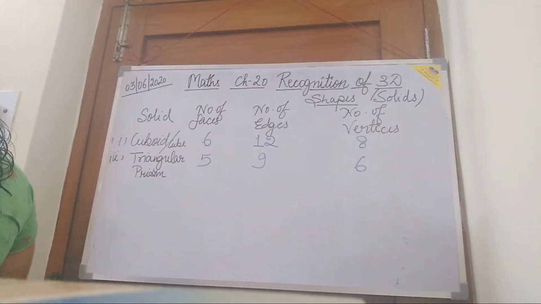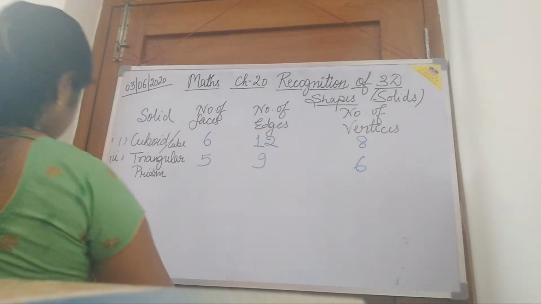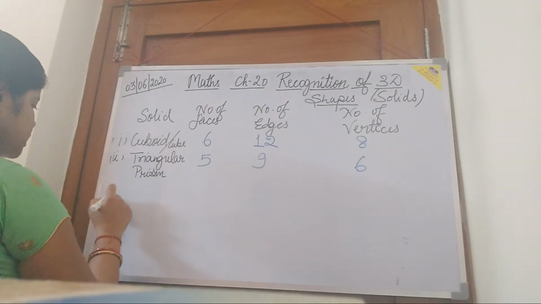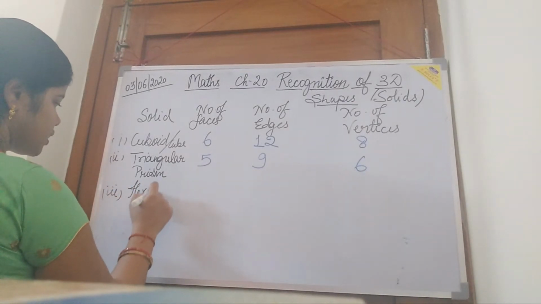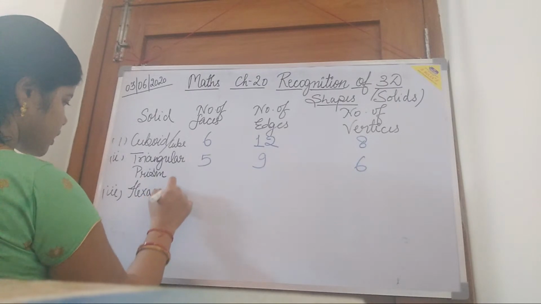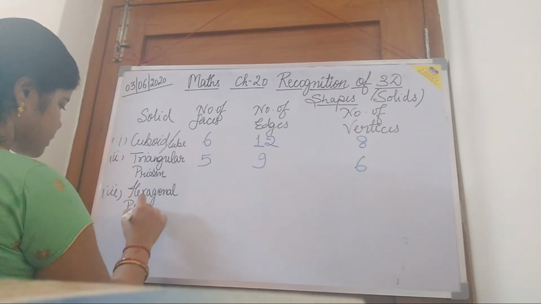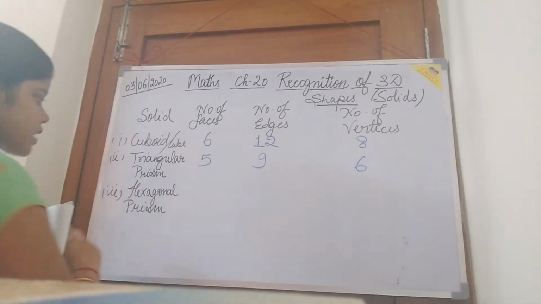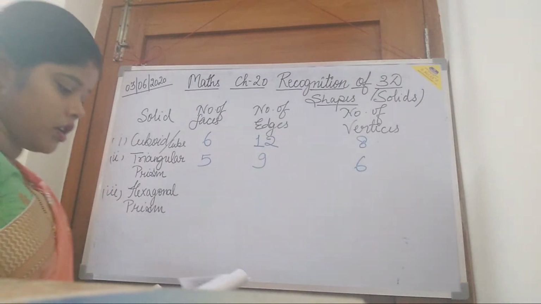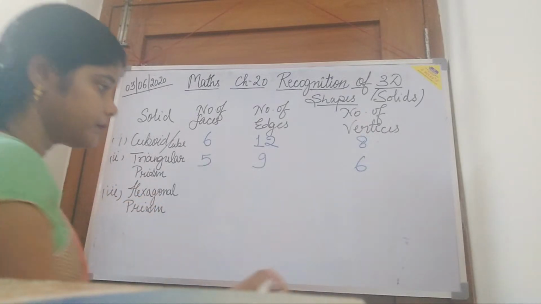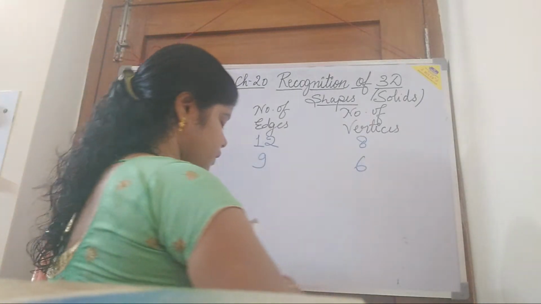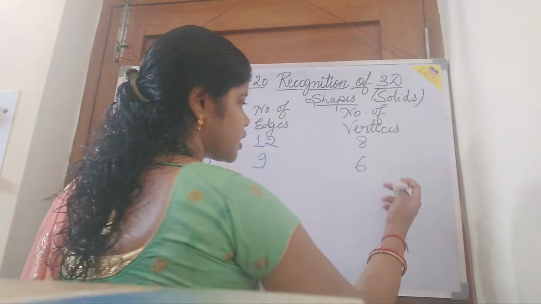Now the next one, the third one, hexagonal prism. So in hexagonal prism, how many faces? Let's see how many faces we have in hexagonal prism.